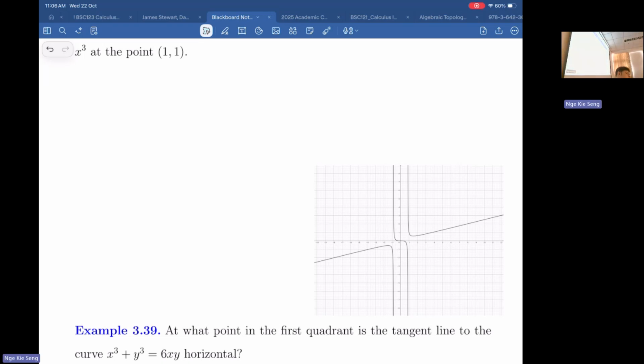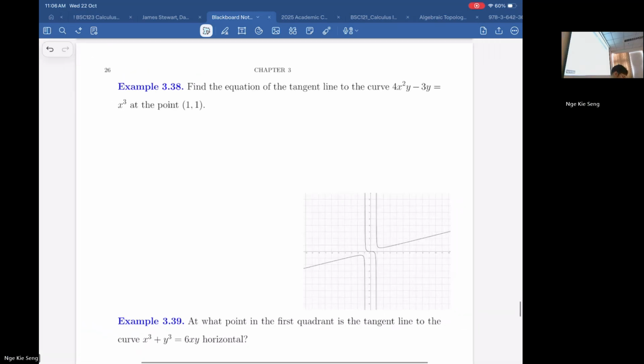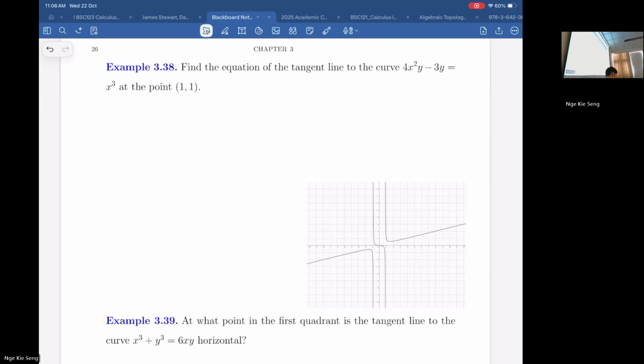Anyone finish? Maybe someone can give me the equation of the tangent line. Not yet.